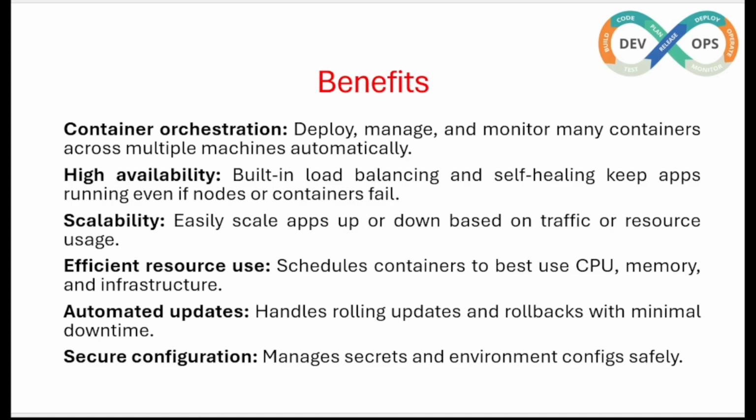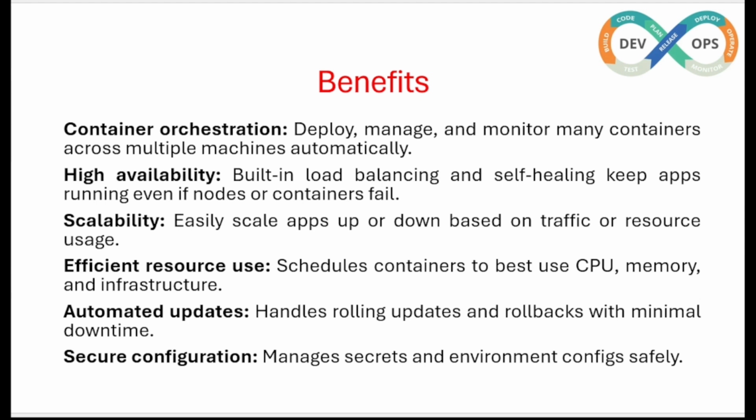So there are many things. The most effective benefit is container orchestration. What does that mean? Multiple containers across multiple machines can be deployed, managed, and monitored automatically. High availability, scalability, efficient resources.